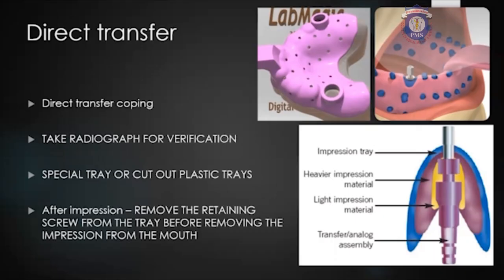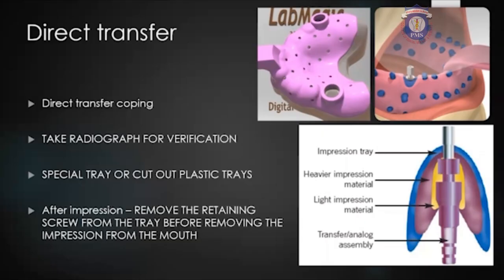You can use a plastic tray which is cut off on top of the implant where the impression coping emerges, or you can make a special tray which is fabricated in such a way that it is open above the implant. Now the impression material is placed in the tray and loaded in the patient's mouth.